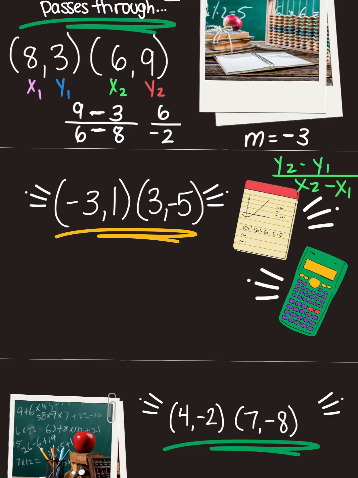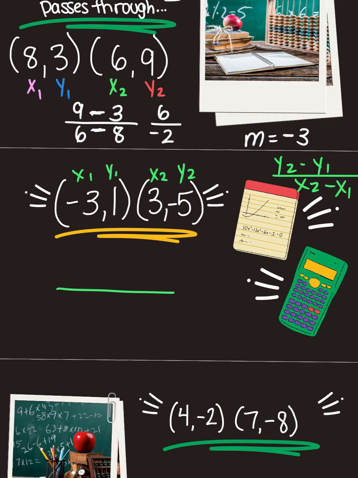What is this negative 3 going to be? Your x1. What is the positive 1 going to be? y1. And then the positive 3 is going to be your second x, so x2, and your negative 5 is your second y, so y2.